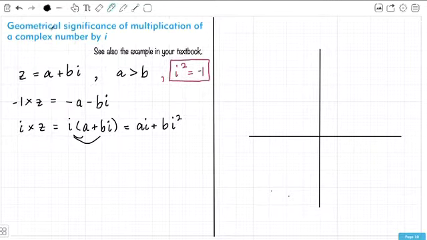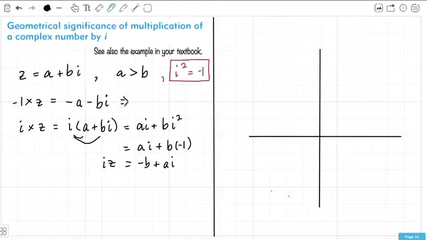Okay, so because we know that, we've got i squared, which is -1, so this is ai minus b, because this is really b and that's a -1. So just writing it out in a nicer look would be -b plus ai. It's always a convention to write your complex numbers with the i part second. So we've got -z, so -z equals -a minus bi, and we've also got iz, and I'll just draw boxes around these.